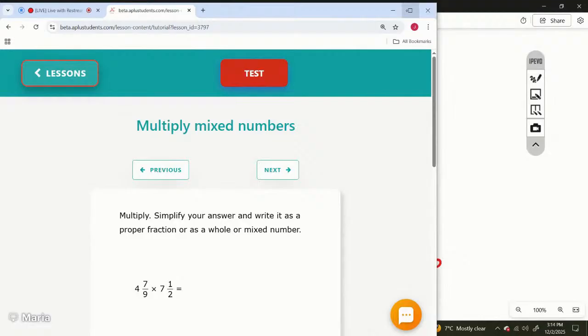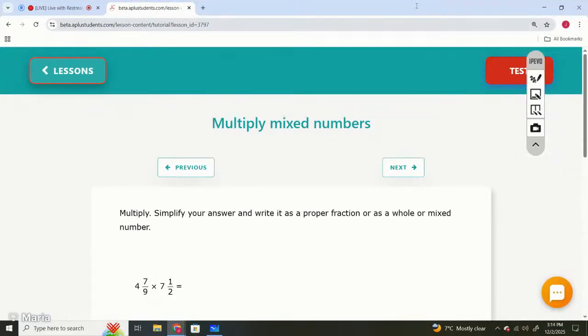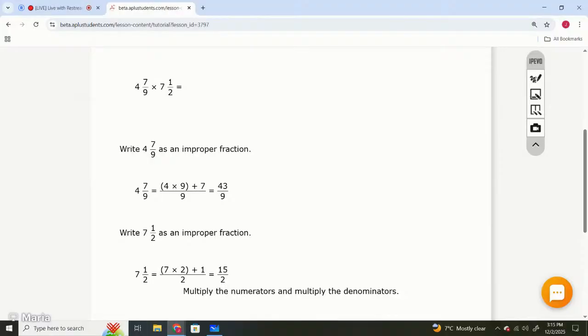Okay, simplify 4 whole 7 over 9 times 7 whole 1 by 2.